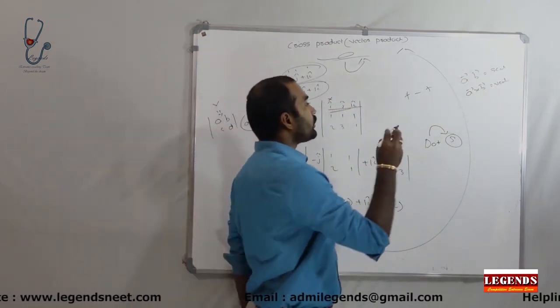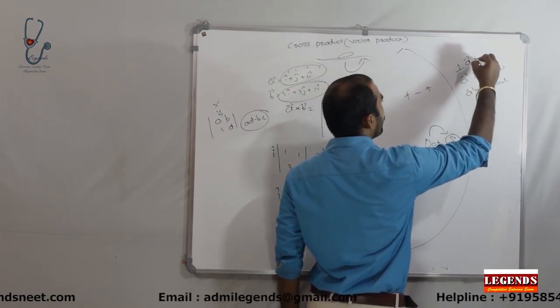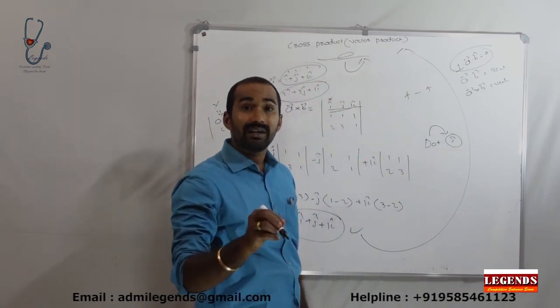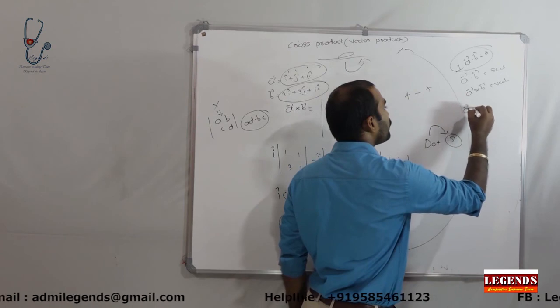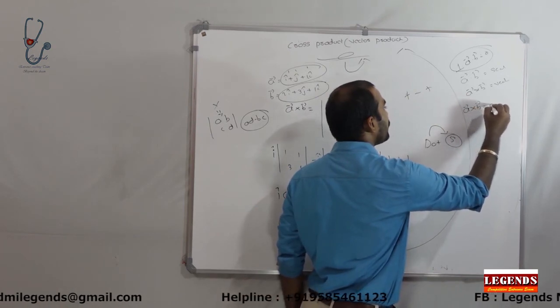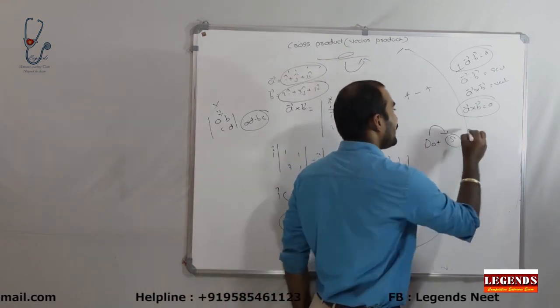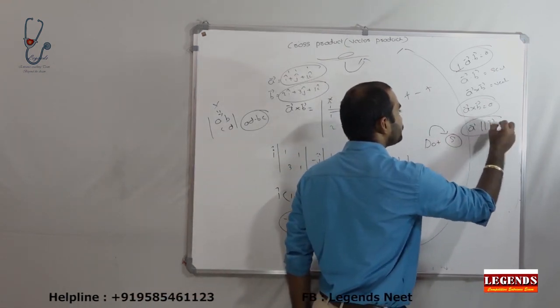In order to show that two vectors are perpendicular, their dot product is equal to 0. In this way, we can also find that if the cross product of two vectors, a cross b, is equal to 0, then we can say that a and b are parallel vectors.